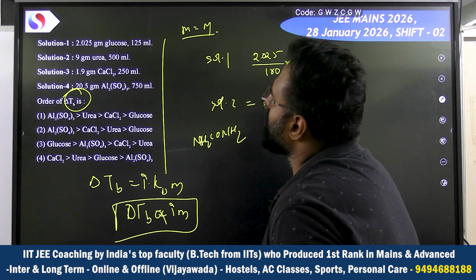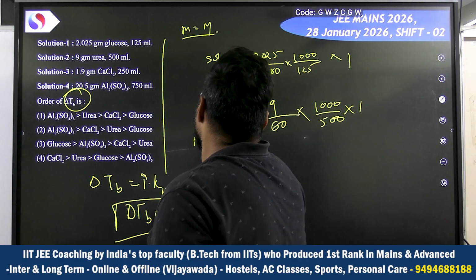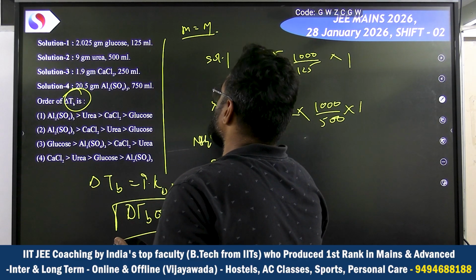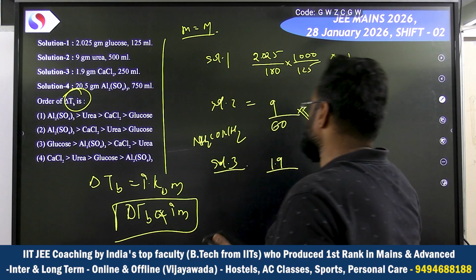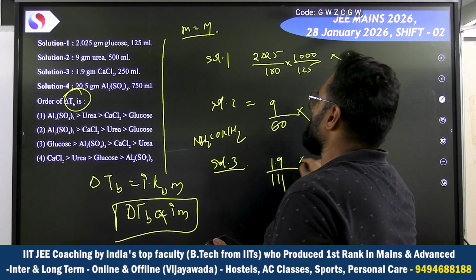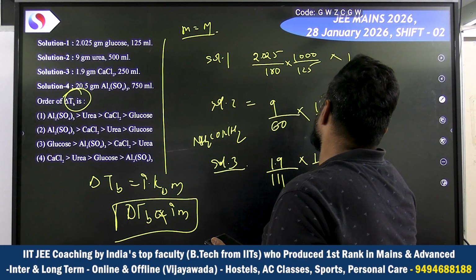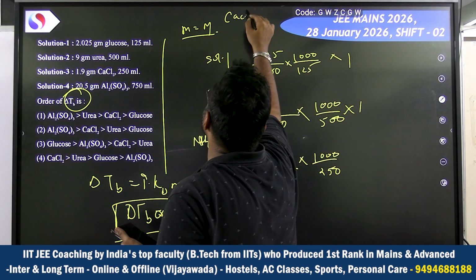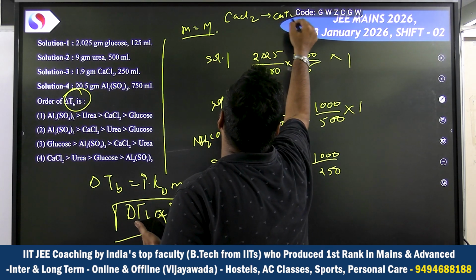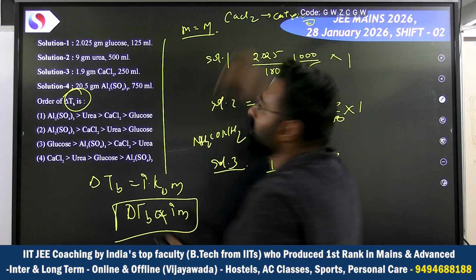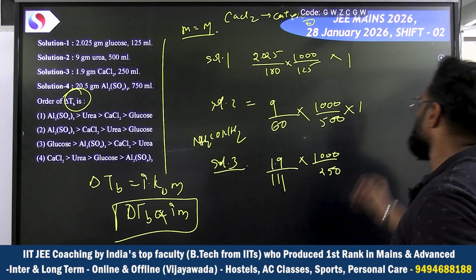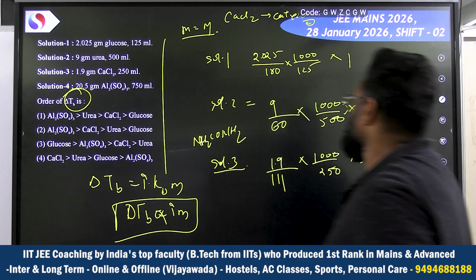Urea again, I is 1. For solution 3, 1.9 calcium chloride, 40 plus 71, into 1000 by 250, and CaCl2 on breaking gives Ca2+ and 2Cl minus. So total I will be 3 on 100% dissociation we are talking about. So I will be 3.